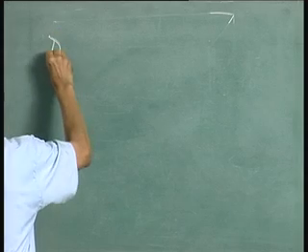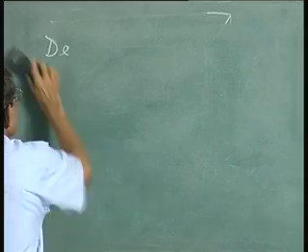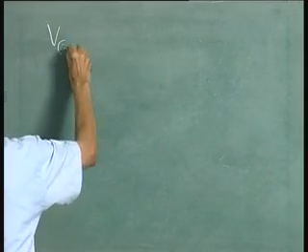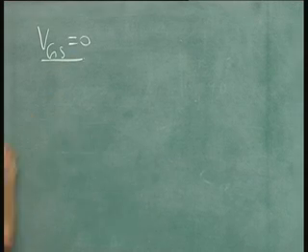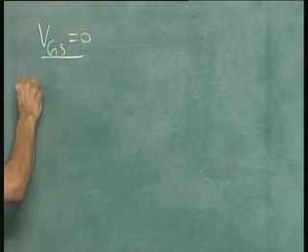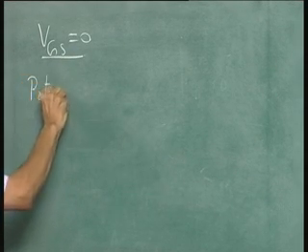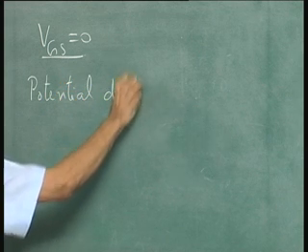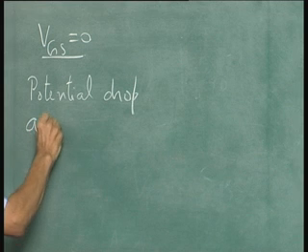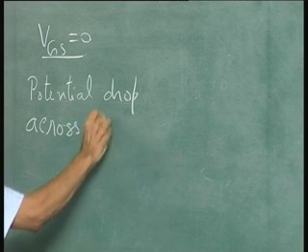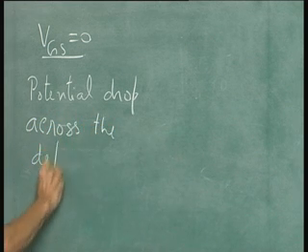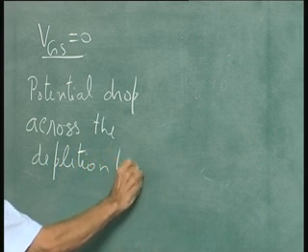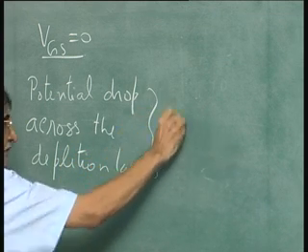So, the depletion layer width, we are considering VGS equal to 0. Then the potential drop across the depletion layer is equal to VBI.